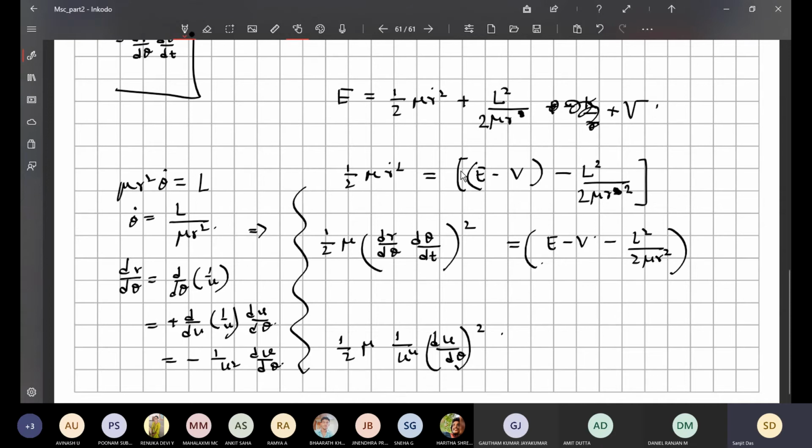Theta dot square will come as L square by mu square r to the power 4. So r to the power 4 will come as u to the power 4, and the right hand side will come as E minus V minus L square by 2 mu times u square. Am I correct? Can anybody quickly cross check this and tell me that this is going on correctly?